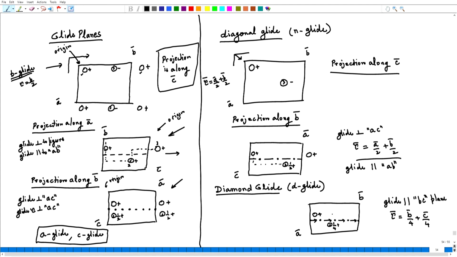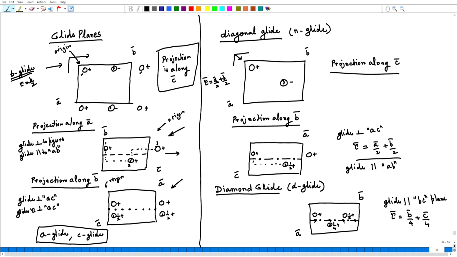So, handedness changes again and then move 1/4 up again. We come here and since we have moved 1/4 up again, this will become half plus.